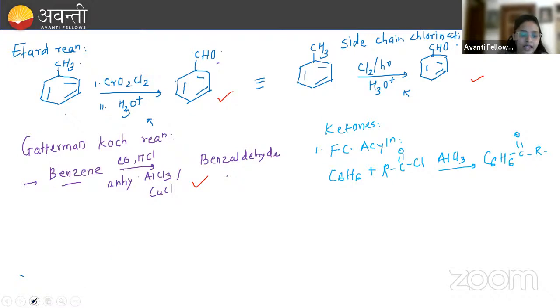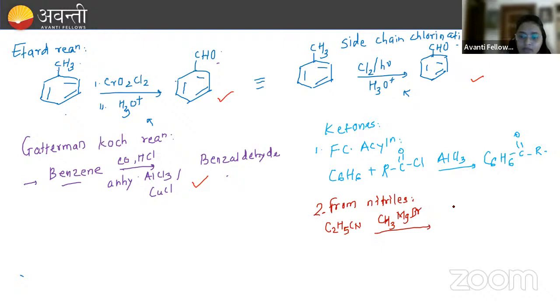Next, another reaction in order to prepare our ketone molecule is from nitriles. Second reaction is from nitriles. So from nitrile means what? What you have to do? Take a reactant molecule C2H5CN, or you can call it a nitrile. It reacts with Grignard reagent CH3MgBr.